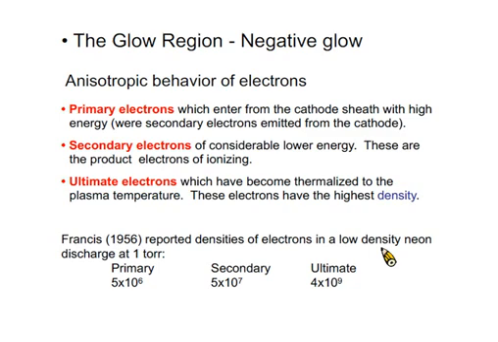But at the beginning, when these electrons are knocked out from the cathode surface, they are secondary electrons. But once they are accelerated, they can obtain very high energy. They become energetic electrons.